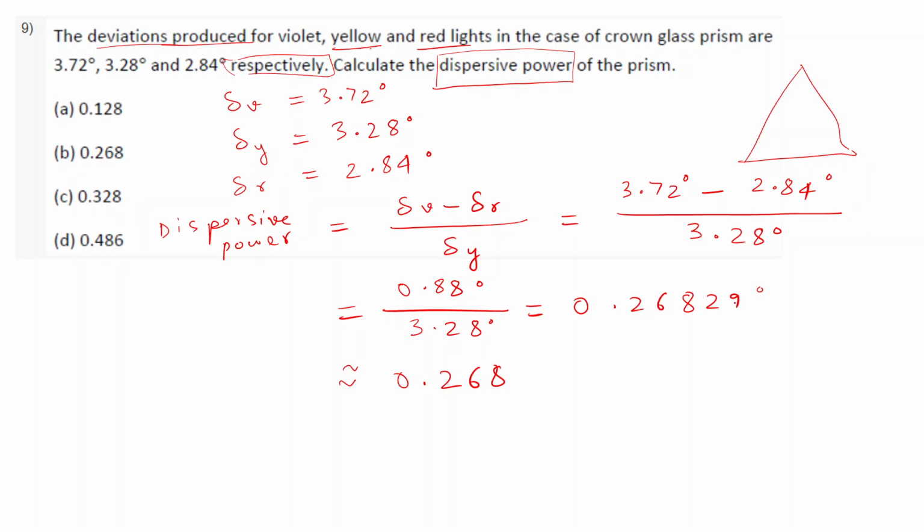So the correct answer is option B, 0.268. Sorry, it won't be in degrees. 0.268 is the dispersive power of the prism, because it is a ratio. Okay, now the next question.